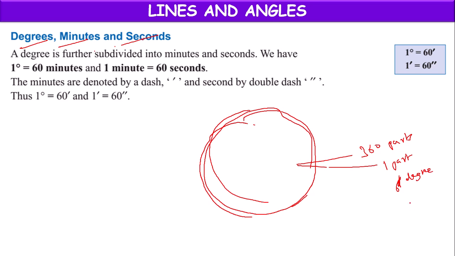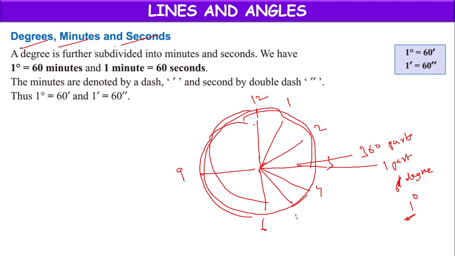The clock has some numerals like 12, 3, 6, 9, and in between them 1, 2, 4, 5, 7, 8, 10, 11.